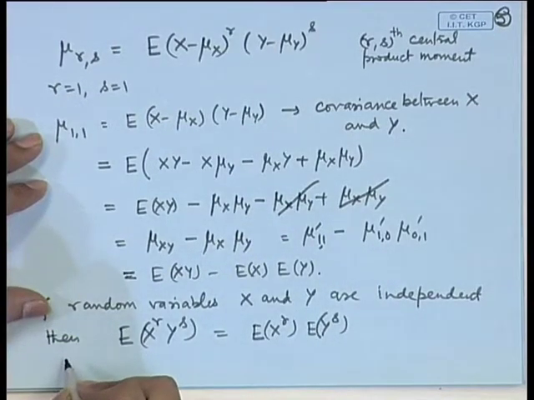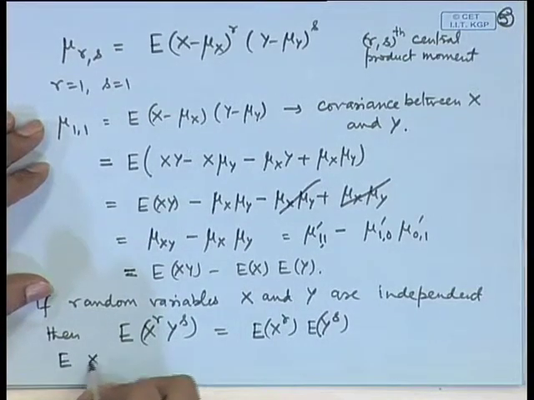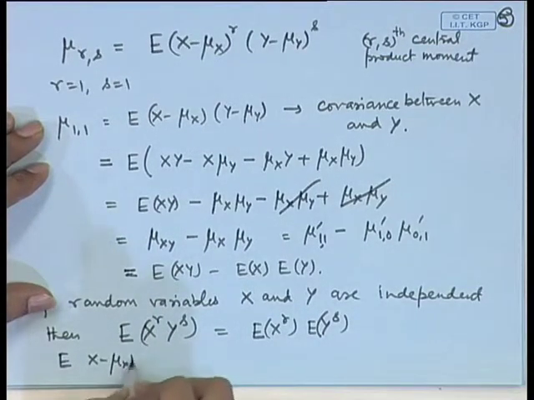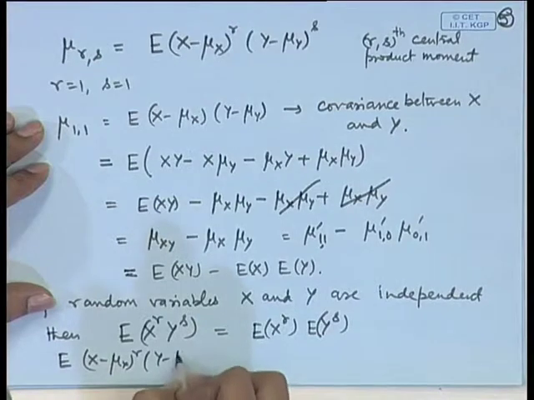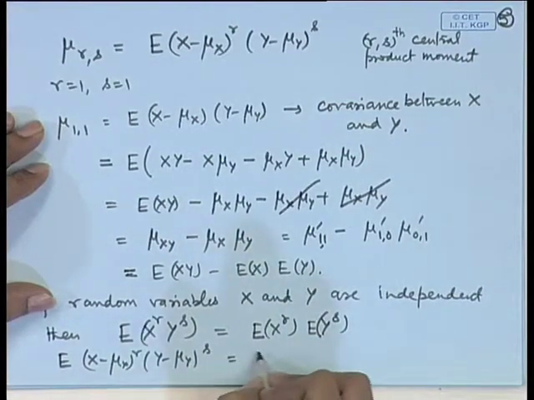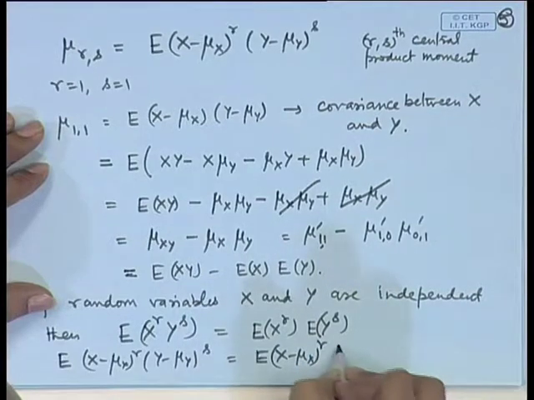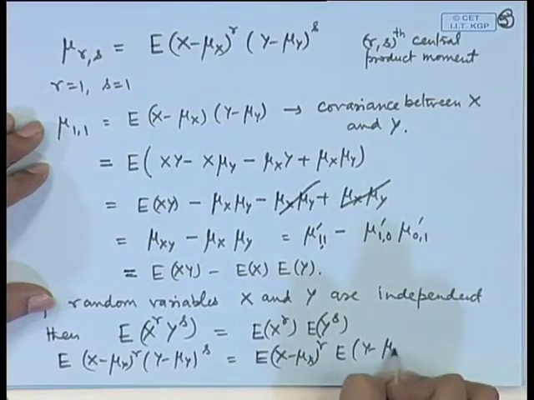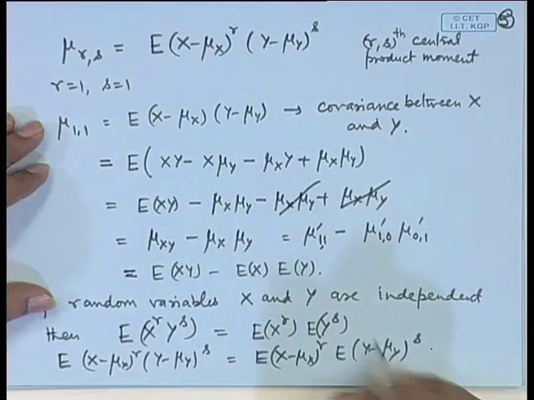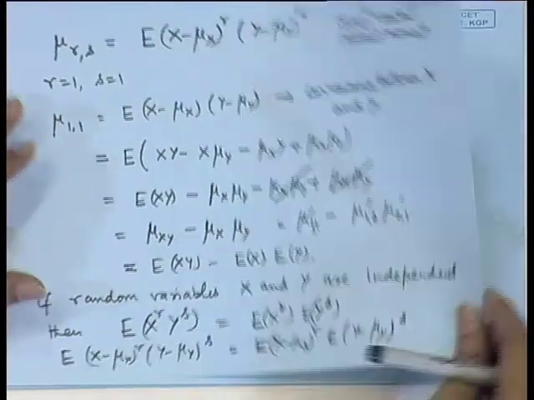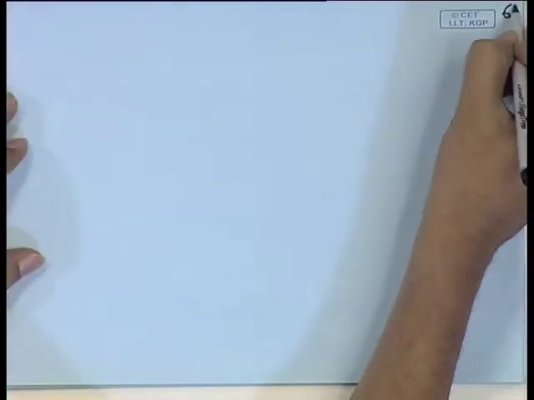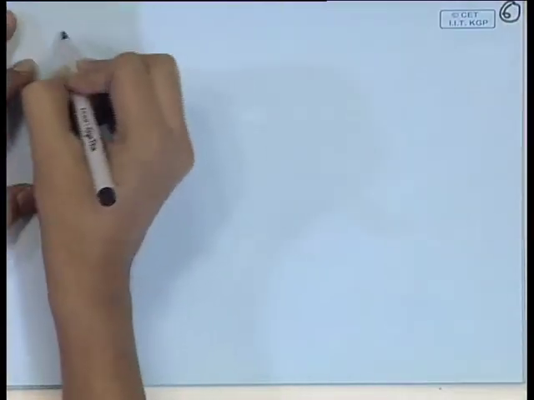Similarly, expectation of x minus mu x to the power r, y minus mu y to the power s, that will become expectation of x minus mu x to the power r, expectation of y minus mu y to the power s. To see this, let us prove a general result regarding the independent random variables.